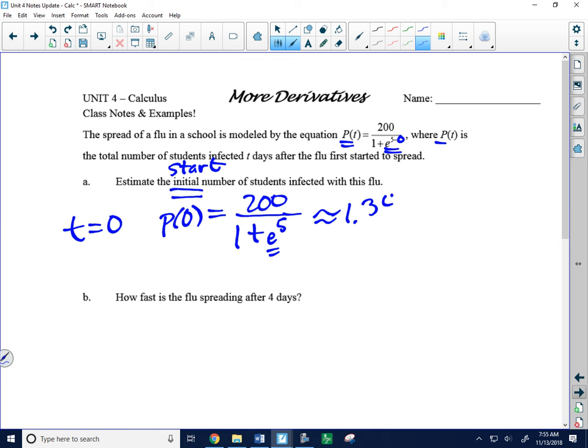Yeah, about 1.34. So that's it. But what's the initial number of students? Well, you can't have like 0.3 of a person. So more in the context of the problem, 1 person if you round down, or 2 people if you round up. Which kind of makes sense, right? 1 or 2 people would have a virus. They come into contact with other people, then it will spread. I'm writing people, I guess it's students. So you round down 1, you round up 2.